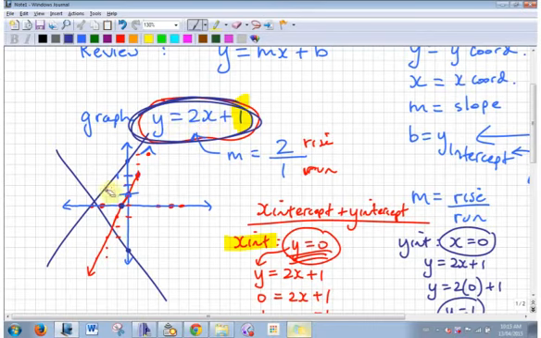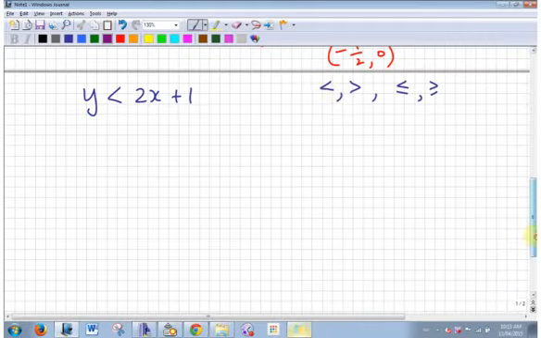The solution for that is everything on this line. That's it. But if I don't have an equal to, if I just have a less than or a greater than, then that line's not solutions, and I'm going to dash it. Okay? So I want to graph this.